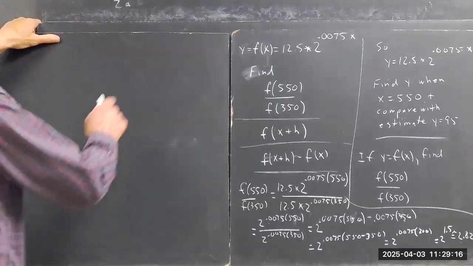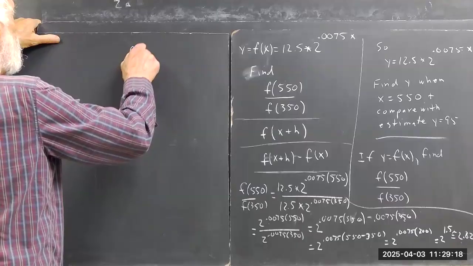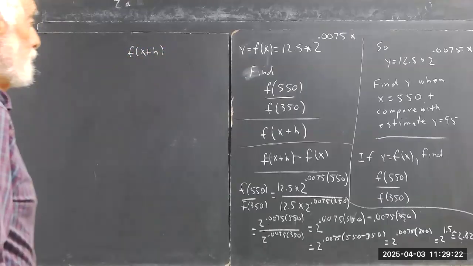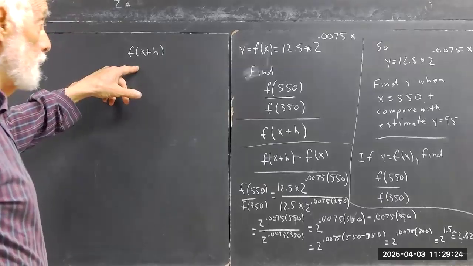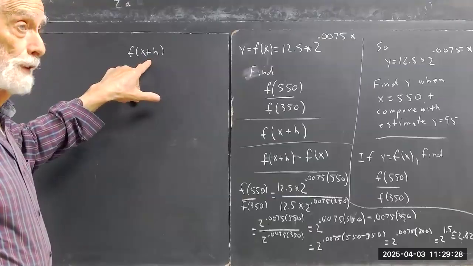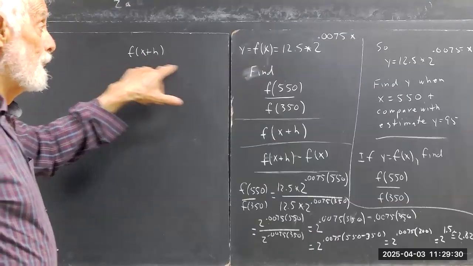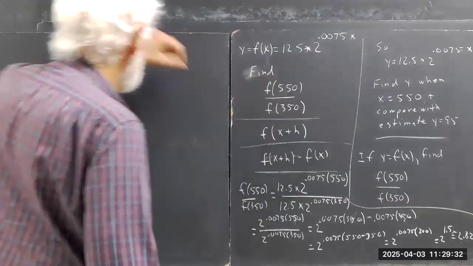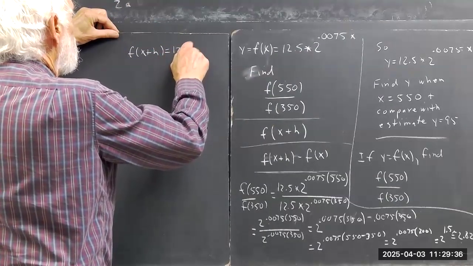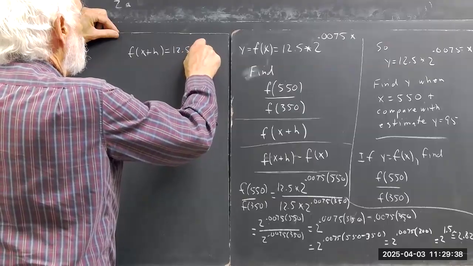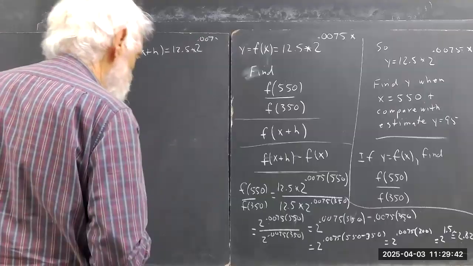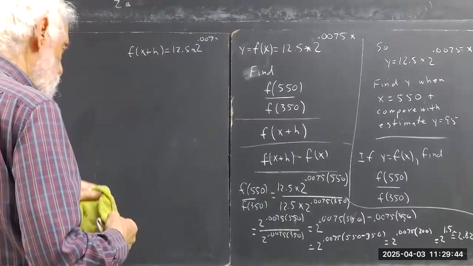Let's look at f of x plus h. What's f of x plus h? Well, x becomes x plus h, right? So this x becomes x plus h. So you're going to get 12.5 times 2 to the 0.0075 times x plus h.